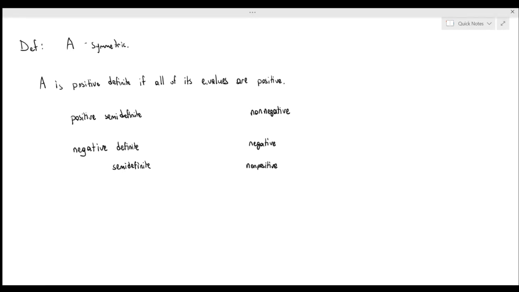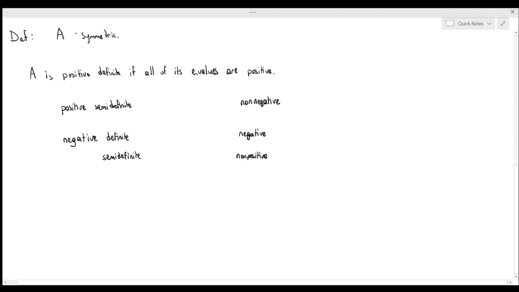So here I've defined these four notions in terms of the eigenvalues of the symmetric matrix. There is another definition that is not directly in terms of its eigenvalues, so I'll also state that equivalent definition.